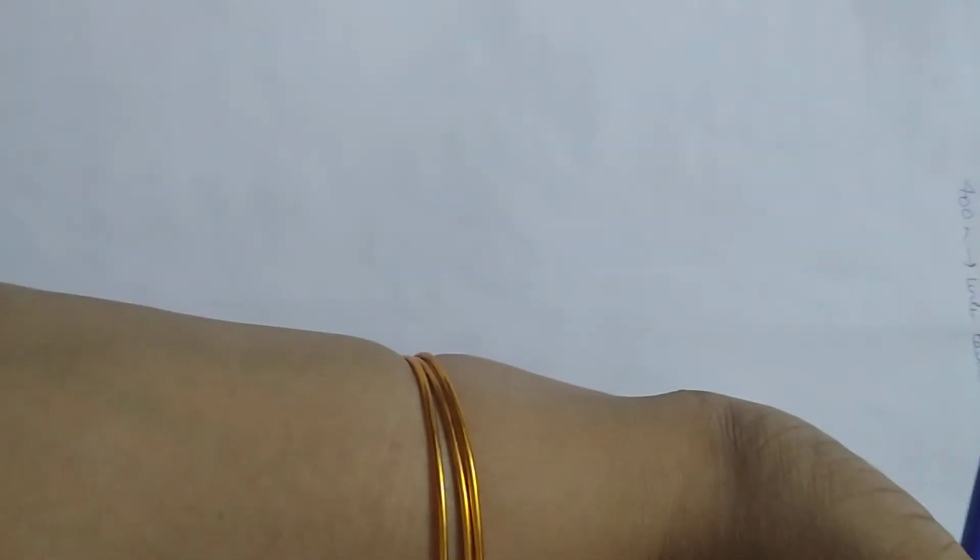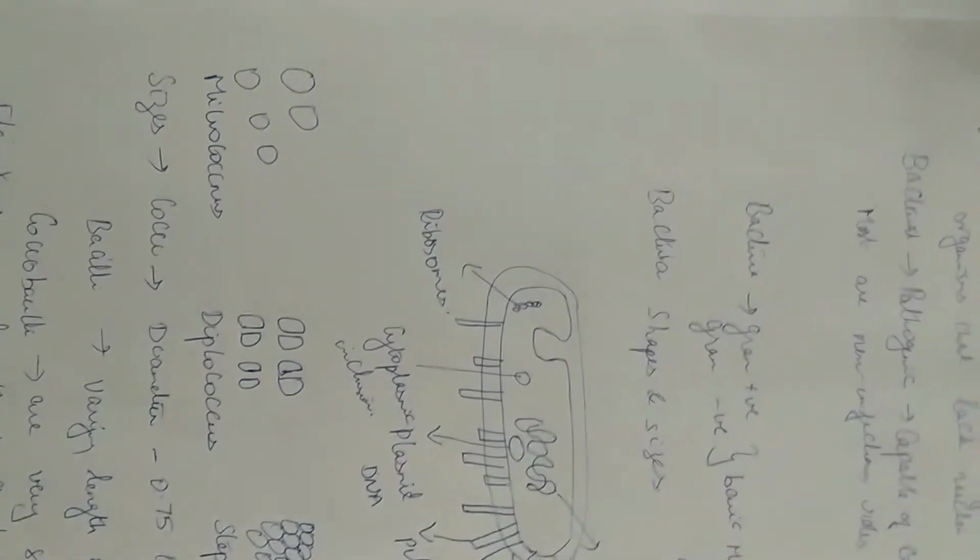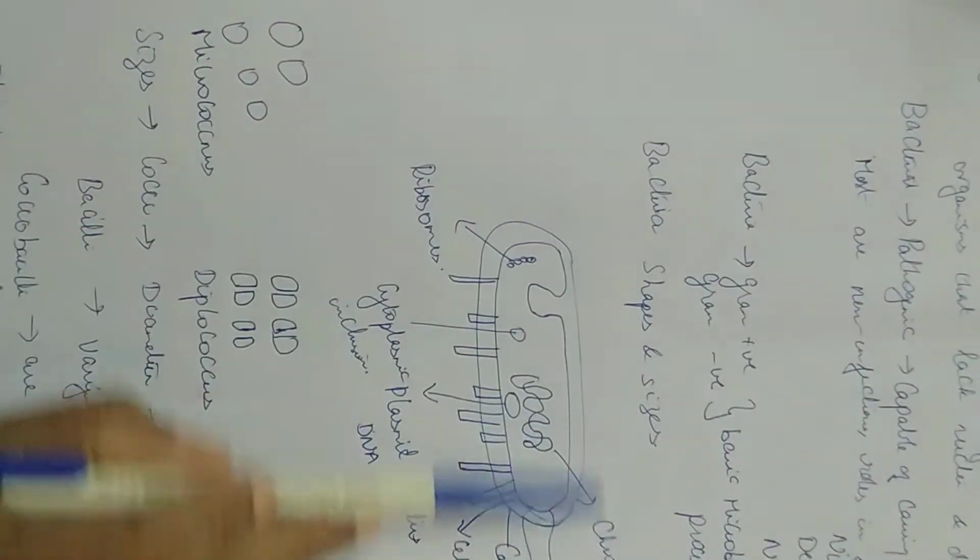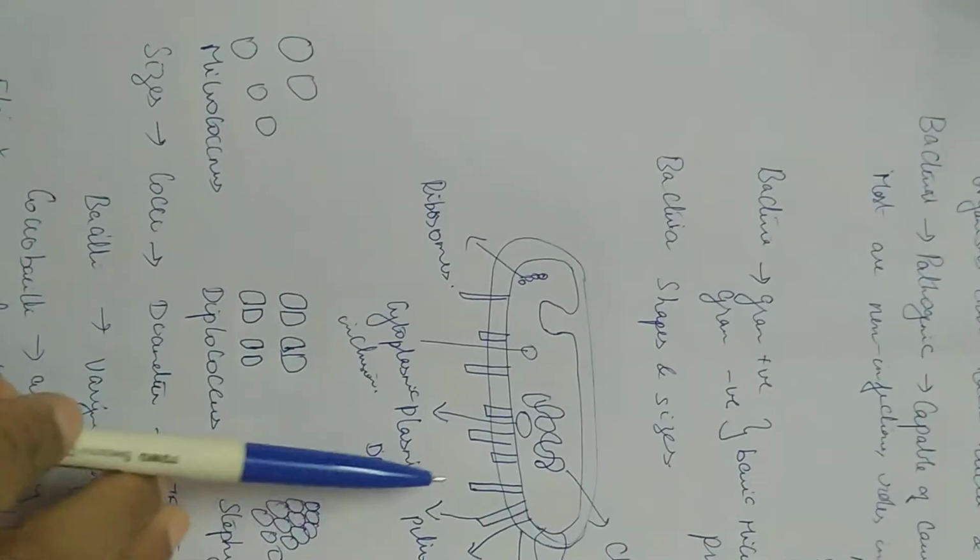And in animals, in the digestive system and the respiratory system also, these bacteria are there so that they are able to aid the digestion process.